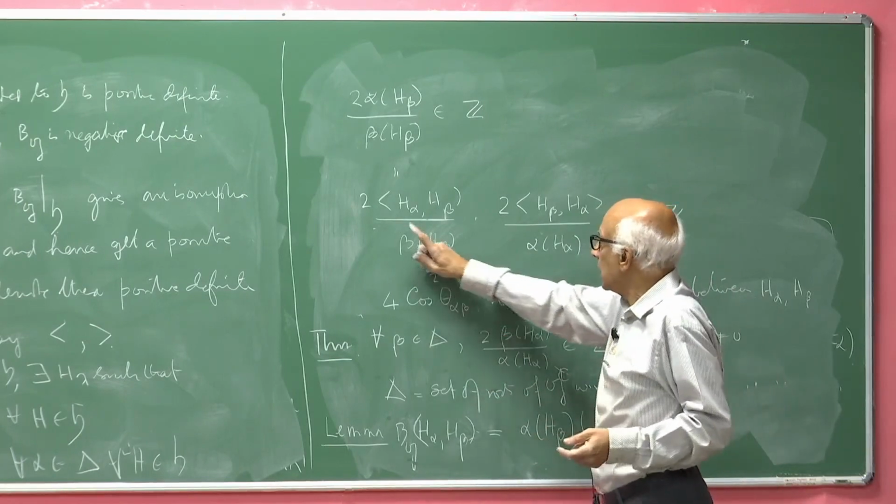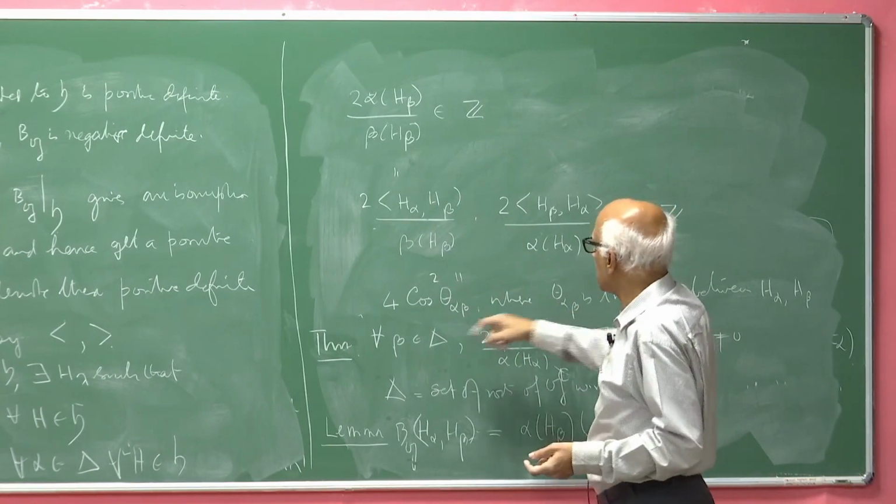That means if alpha and beta are distinct roots, you have strict inequality, less than 4, here.